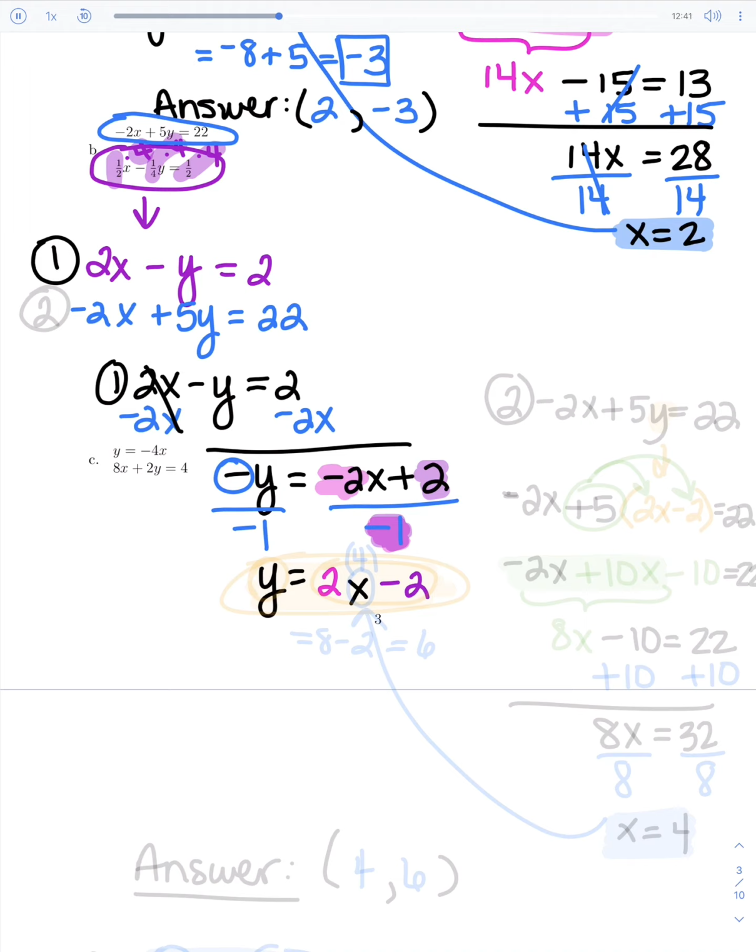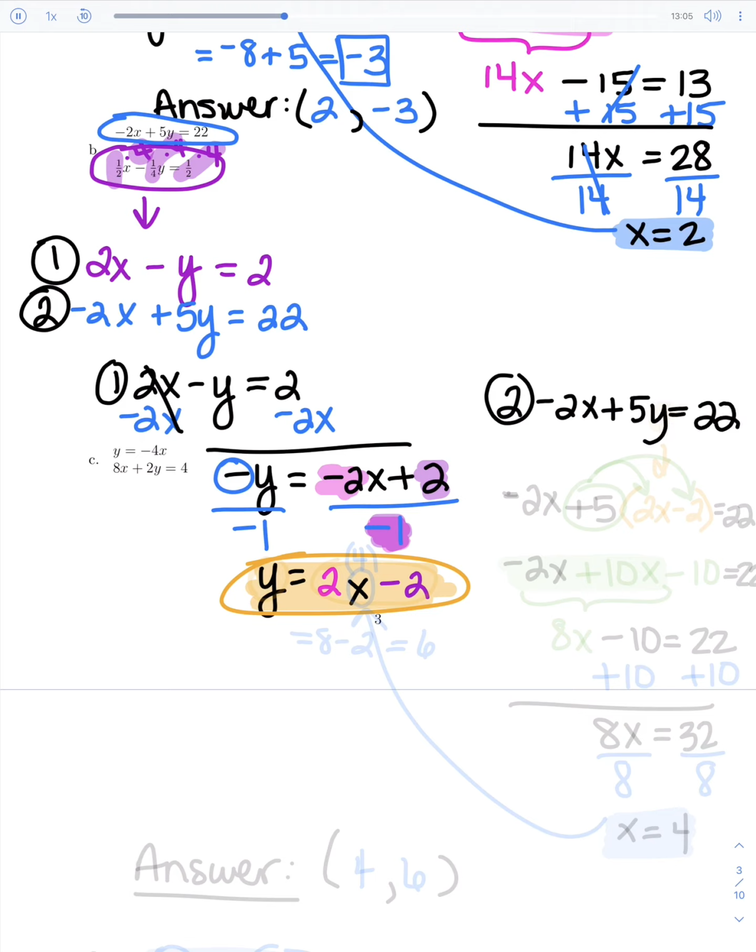Now, once I've got the variable by itself, what am I going to do with this guy? I'm going to plug it into the equation I haven't used. So wherever there's a y. Well, the equation I haven't used yet is the second one here, which I haven't even labeled, the negative 2x plus 5y equals 22.